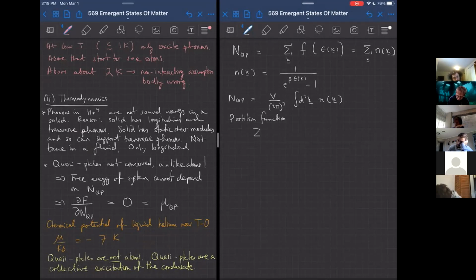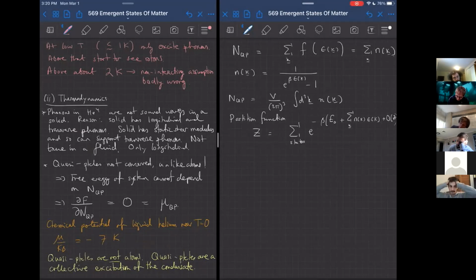And then the partition function of the system is just the sum over states of e to the minus beta times E_0 plus the sum over k of n(k) epsilon(k) plus order n squared. So that's what we mean by the partition function.